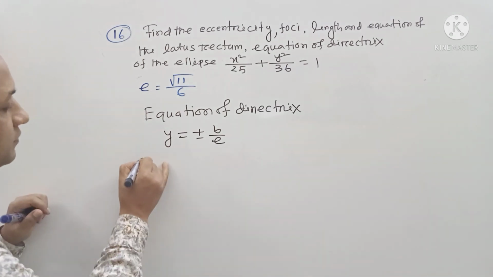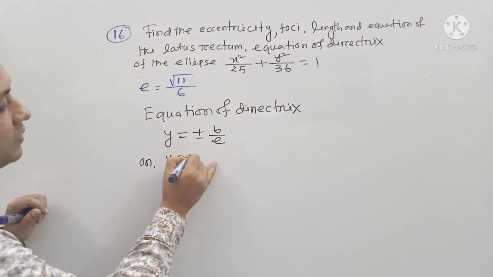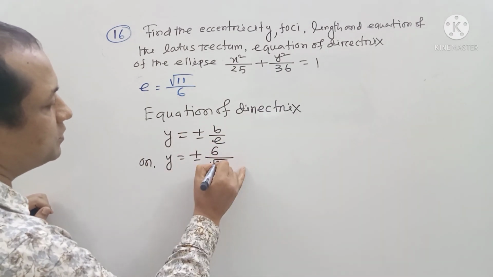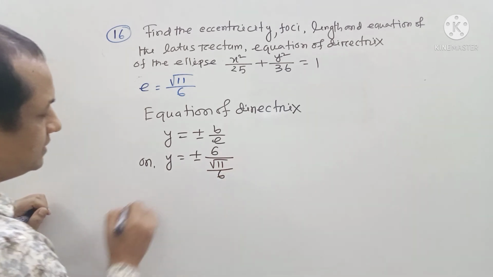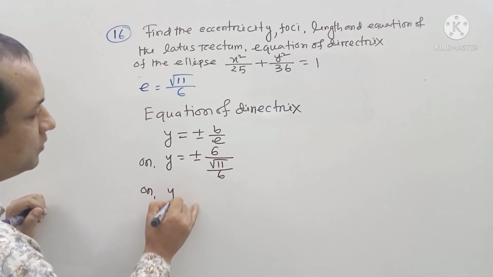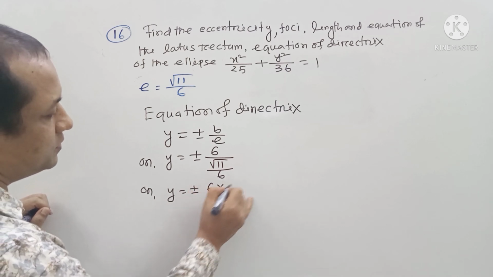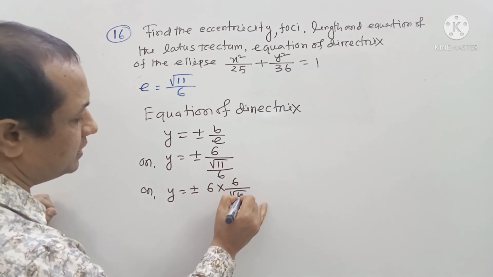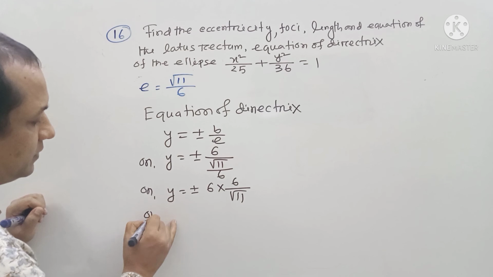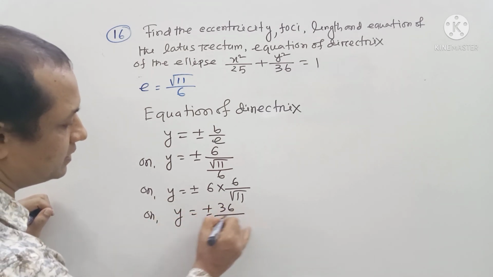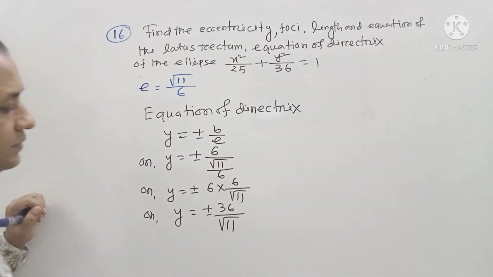Now putting the value of b is 6 and e is root over 11 by 6, y equals plus minus 6 into 6 by root over 11. Then we get y equals plus minus 36 by root over 11.